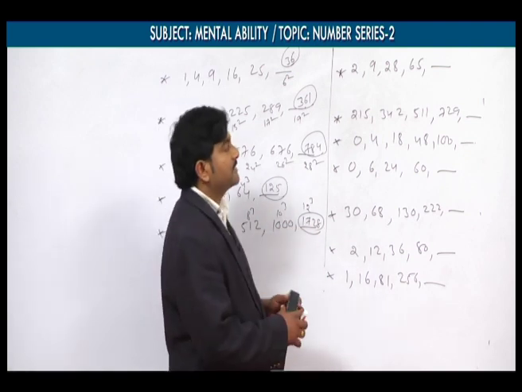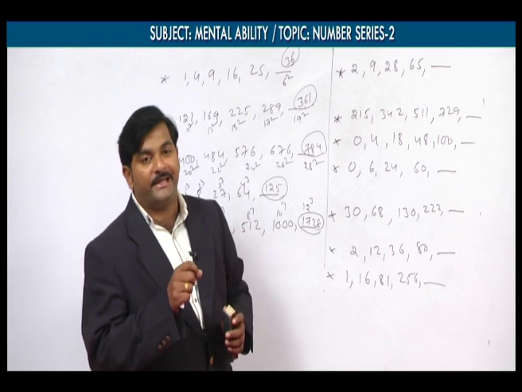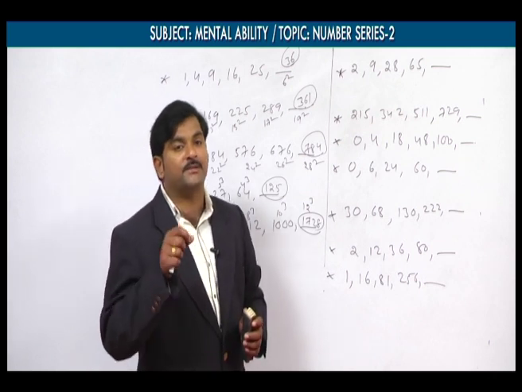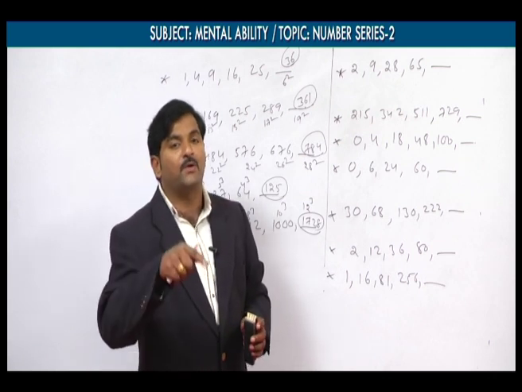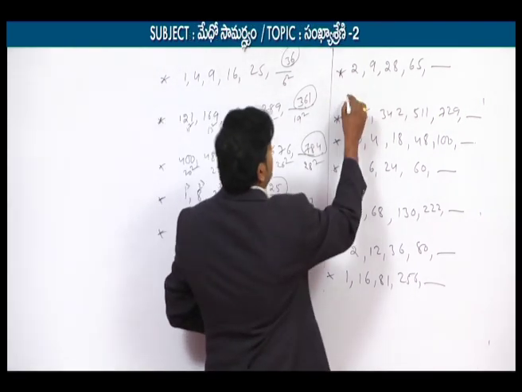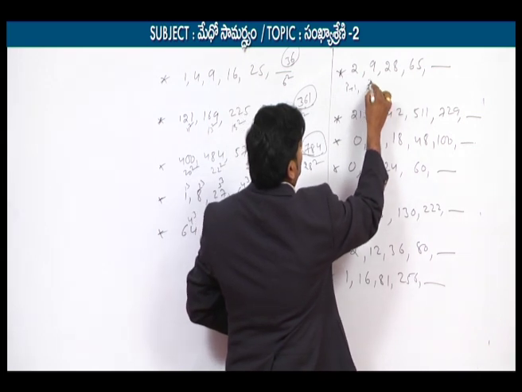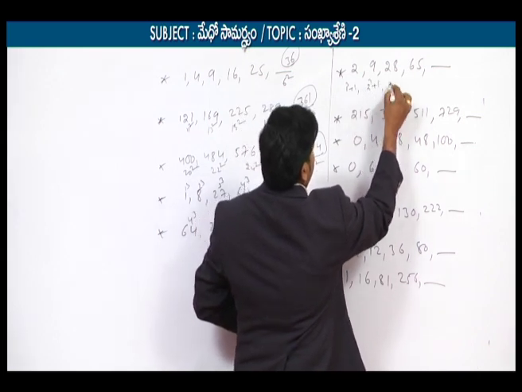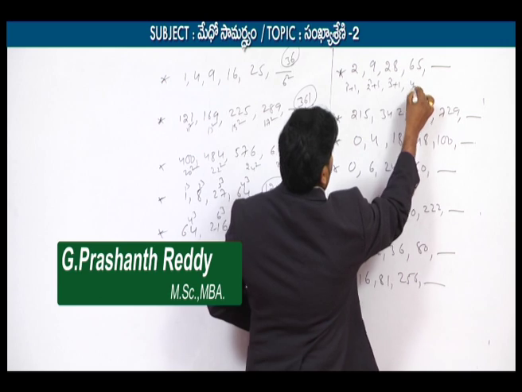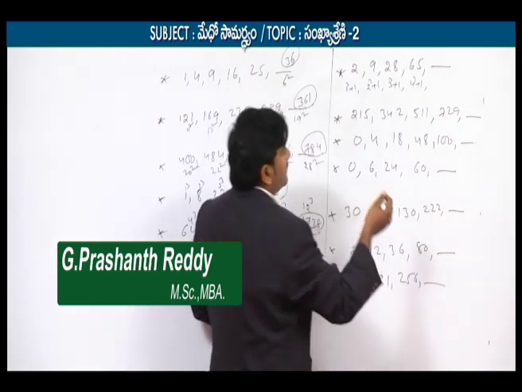Every number he has taken is a continuous cube plus 1. So this is 1 cube plus 1, this is 2 cube plus 1, this is 3 cube plus 1, this is 4 cube plus 1.